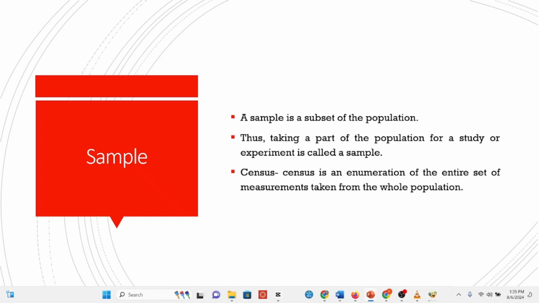For instance, if a study aims to understand the health behaviors of university students in Ghana, the population would include all university students across the country. This broad scope ensures that findings can be generalized to the entire group, but it is often impractical to collect data from every individual within the population due to constraints such as time, cost, and accessibility.